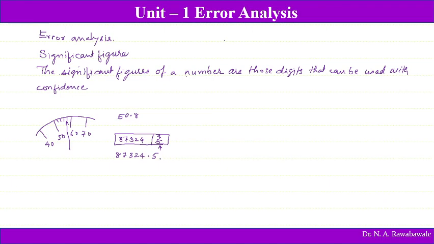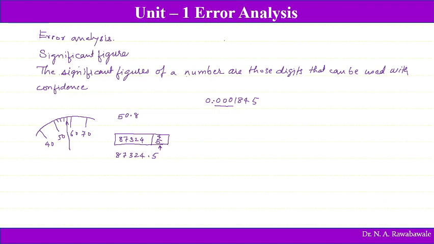Now many times you find that the number is written like this: 0.0001845. So here what is a significant figure? These zeros are used just to locate this decimal point, not for any other purpose. So its function is to locate this decimal point.